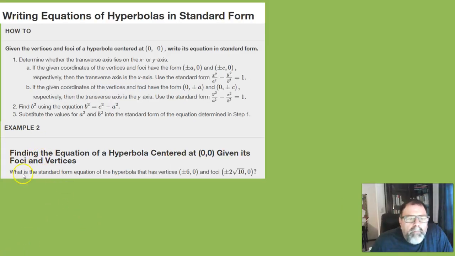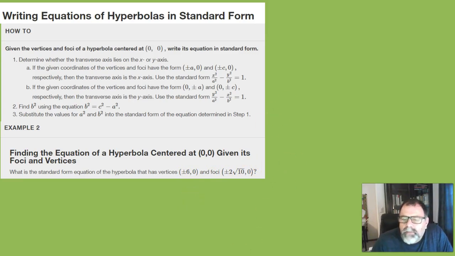Example 2: what is the standard form equation of the hyperbola that has vertices plus or minus 6, 0, and foci plus or minus 2 square root of 10, comma 0?